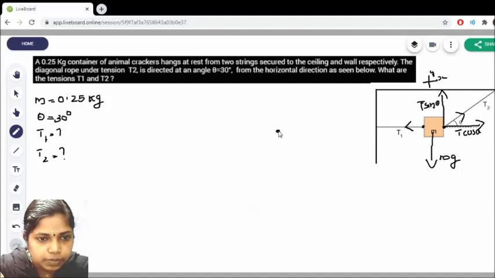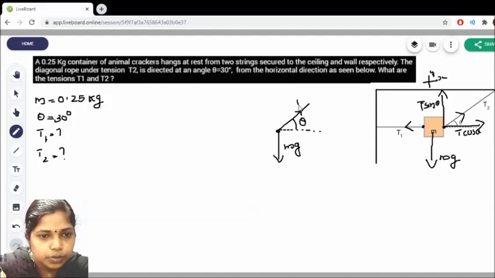This is the object with the mass m, and the forces acting are the mg of the object, acting along this direction. This is the horizontal direction. From the horizontal direction, making an angle theta, we have tension T2 of the second string, and along this direction the string with the tension T1.